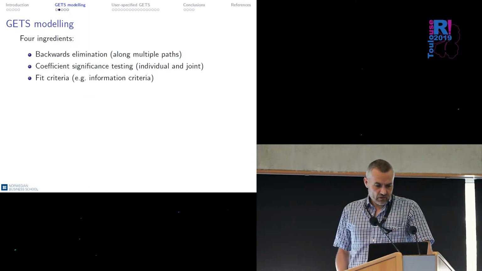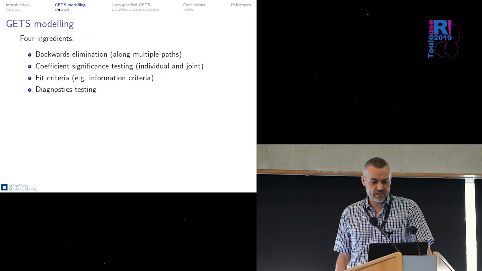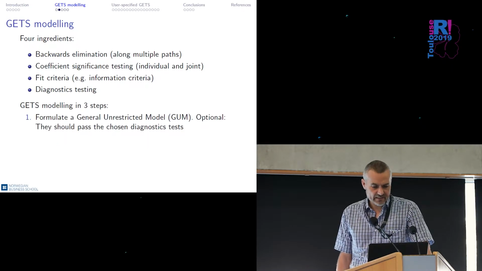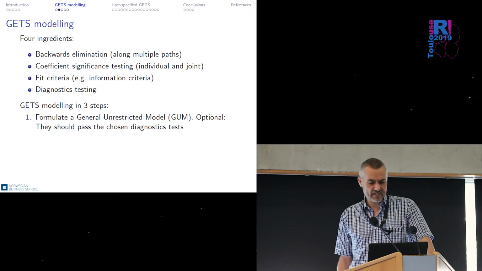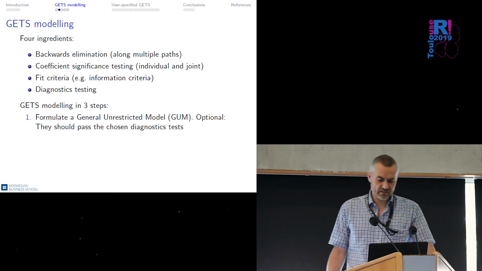So let me recall that gets modeling contains 4 ingredients: backwards elimination along multiple paths, significance testing, both individual and joint, fit criteria, and diagnostics testing. Gets modeling proceeds in 3 steps. Formulate a starting model, a general unrestricted model, which optionally should pass a chosen diagnostics test.